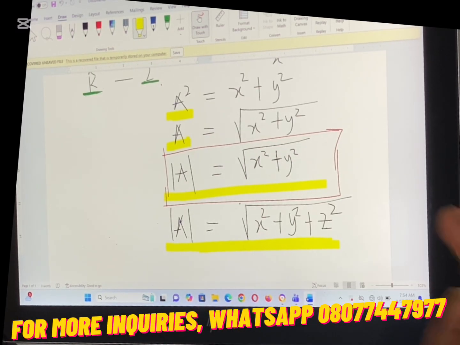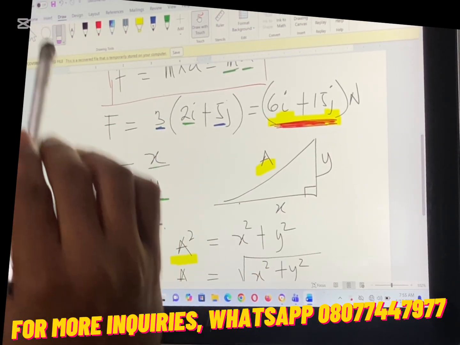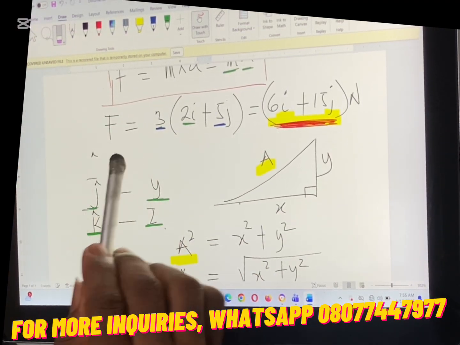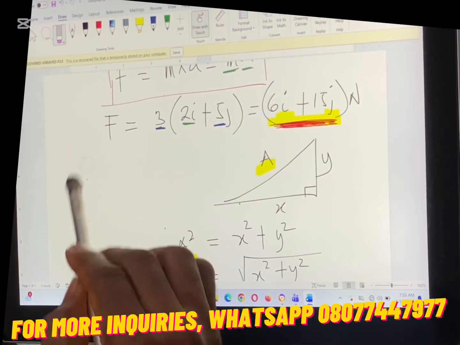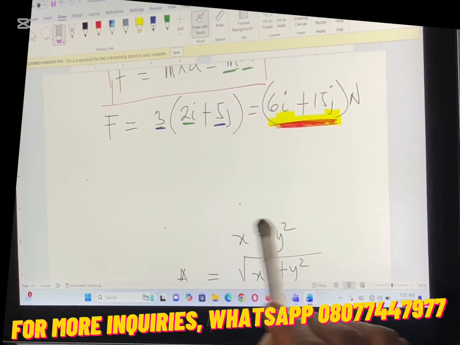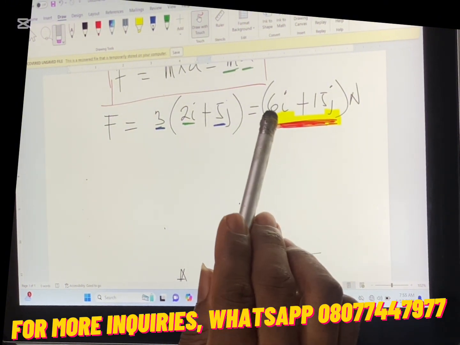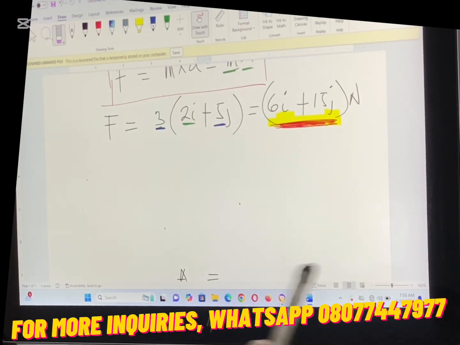So let's take the formula to find the magnitude of the resultant force. The word resultant means the total force. Since there's no other force here, we take this force to be 6i plus 15j. That is the only force in that particular equation.